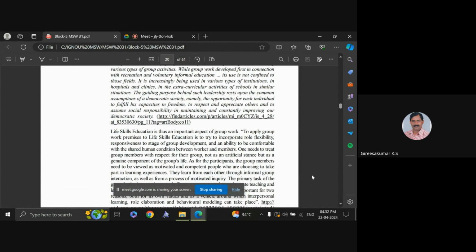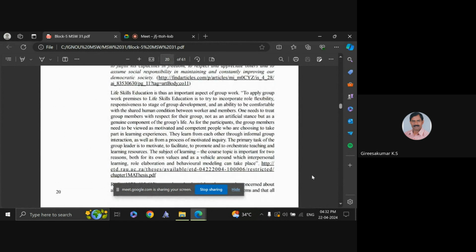Life skills education is thus an important aspect of group work, because I told you the challenges of social workers are that they have to interact with the people, communicate with the people, communicate with the group, and they have to build a relationship for solving an issue which is there in the society, in a particular area or in a community, and so on.